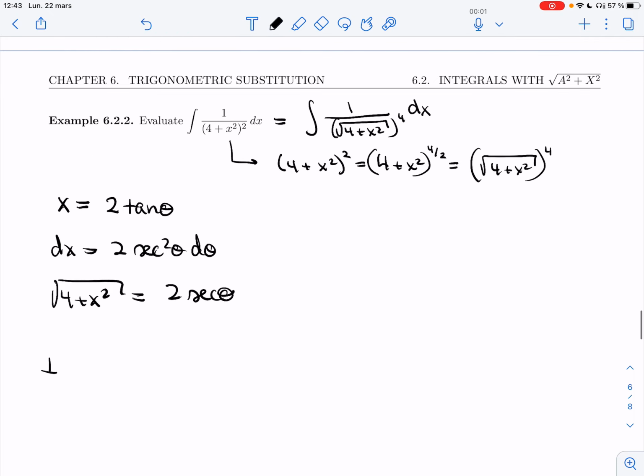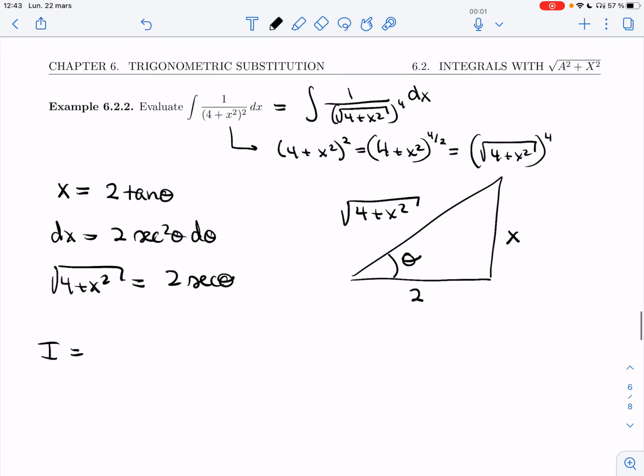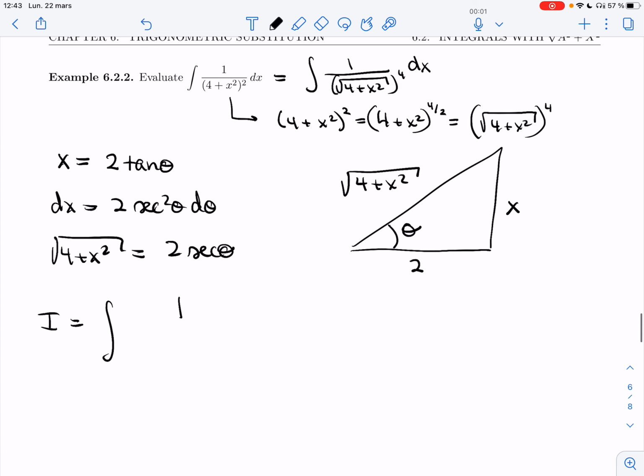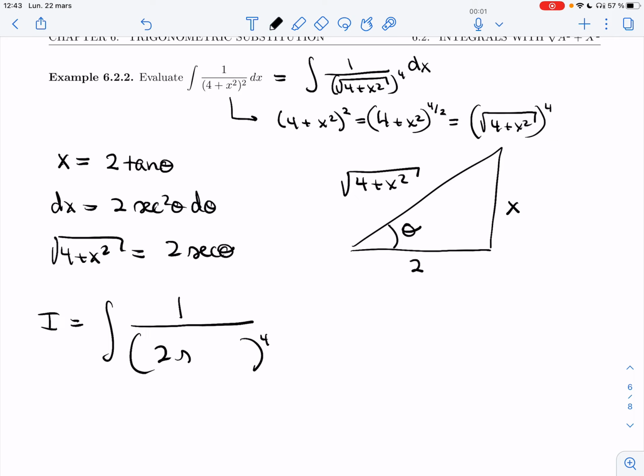And so actually I'm going to need the triangle. If you don't have bounds to start with, you're going to need the triangle to write back in terms of x. All right, so 1 over, and then I have the square root, so I'm going to take 2 secant theta, put it here. And then the dx is 2 secant squared.